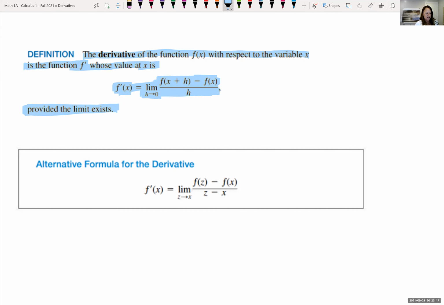An alternative form is to set up the derivative of f of x to equal the limit as z approaches x of f of z minus f of x all over z minus x.